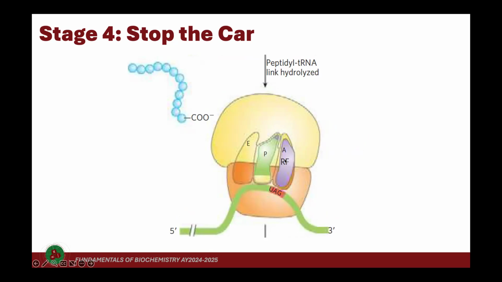What actually happens here is that if you have the release factor bound to the A site, there is another hydrolysis. No, sorry, there is another condensation reaction taking place. But instead of connecting this polypeptide chain to another amino acid, it will only be condensed with a water molecule.